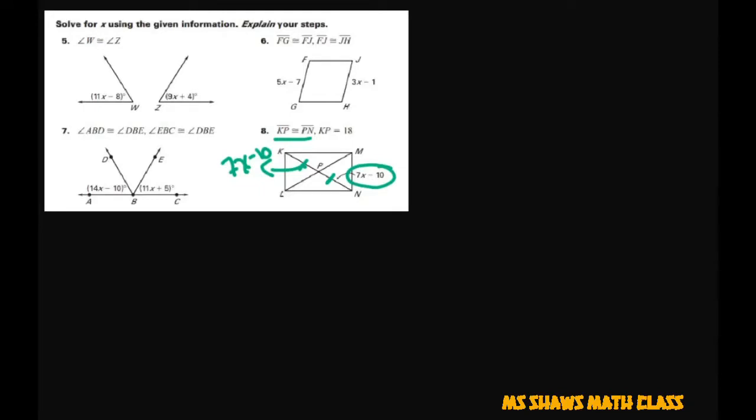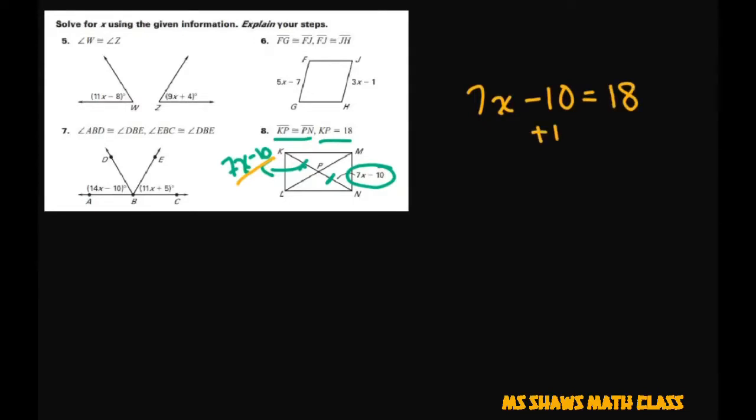And the lengths of the segments are also congruent by congruent segments. So we just have to set the lengths equal to find x. But we already know that KP is 18. So we can just set this to 18. So we set 7x minus 10 equals 18.